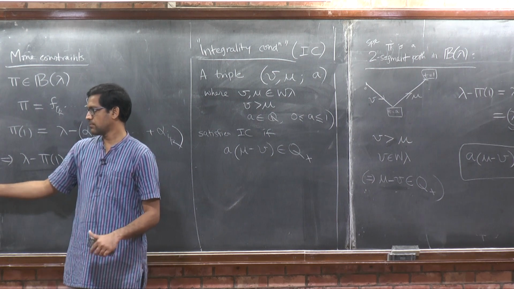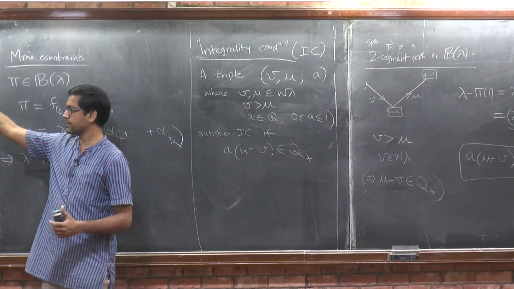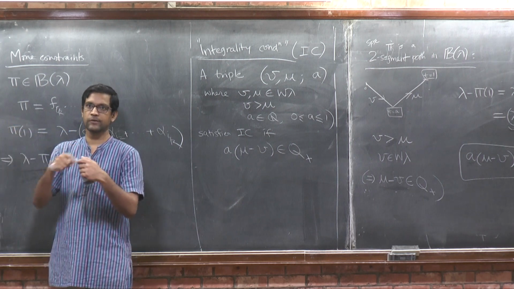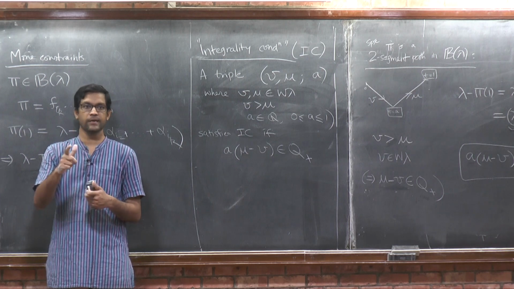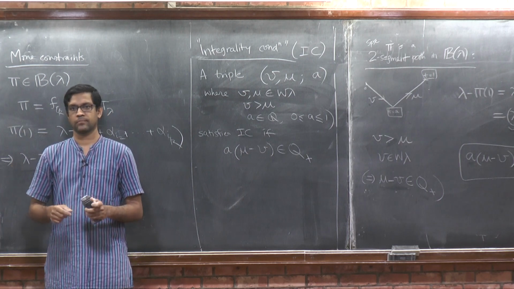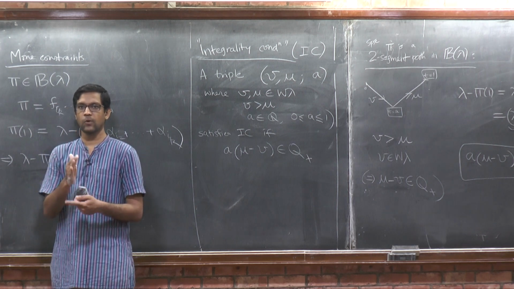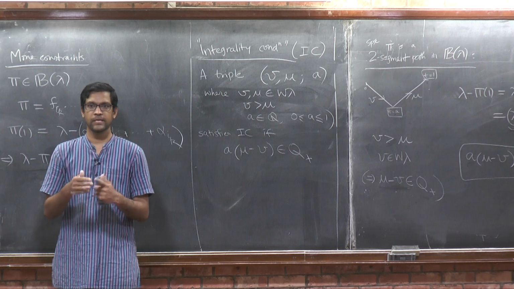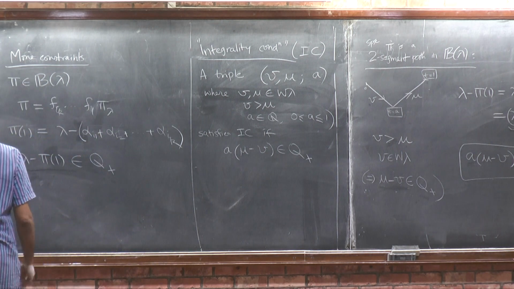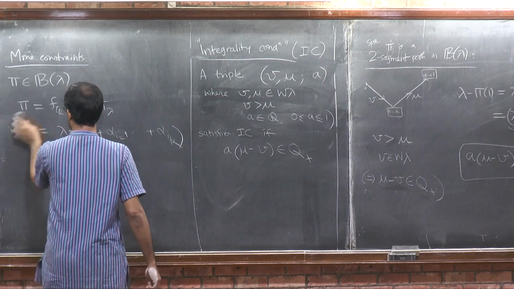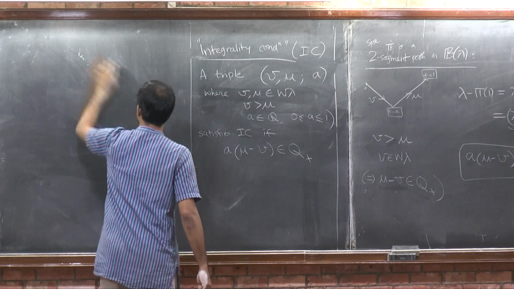So what this suggests is that if you had paths in B lambda, or at least if you had two segment paths, then they must satisfy the integrality condition at each time stamp. Observe, a multi-segmented path is locally at each time stamp like a two-segmented path. If I have a multi-segment path like this, at each time stamp I have two directions, one incoming direction and one outgoing direction.